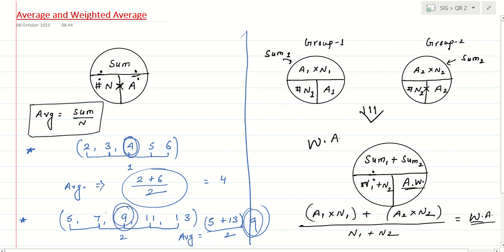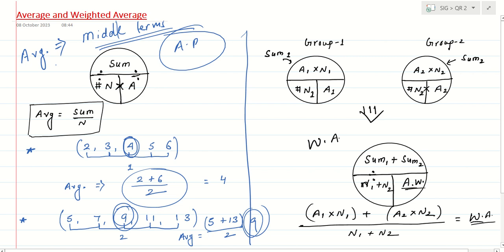So whenever any terms are in arithmetic progression, you must understand the average is the middle term. Very important point: average means the middle term, when the terms are in arithmetic progression.